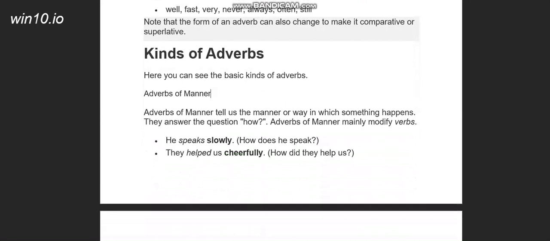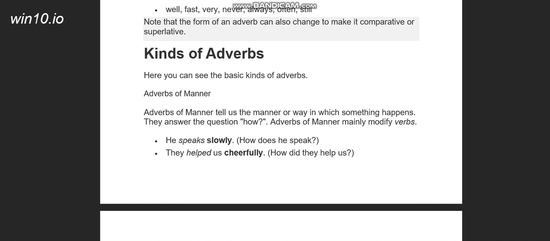So when a verb is being modified, and it answers the question how, how does it take place or how is it happening, then it is an adverb of manner. Like over here, he speaks slowly. So how is he speaking? He is speaking slowly. So slowly becomes your adverb.